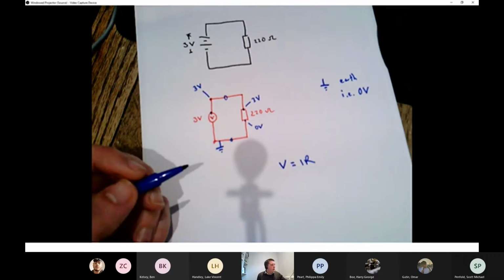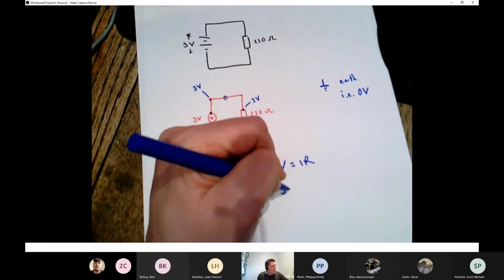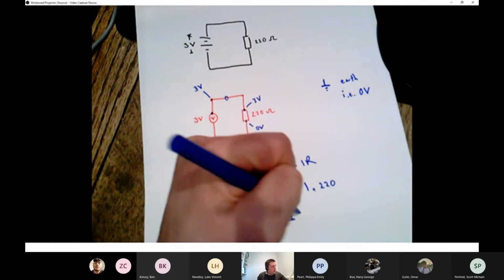And I know that the voltage across the resistor is 3 volts, and that's going to be I multiplied by the resistance, which is 220 ohms. And I can rearrange that to say I equals 3 divided by 220.